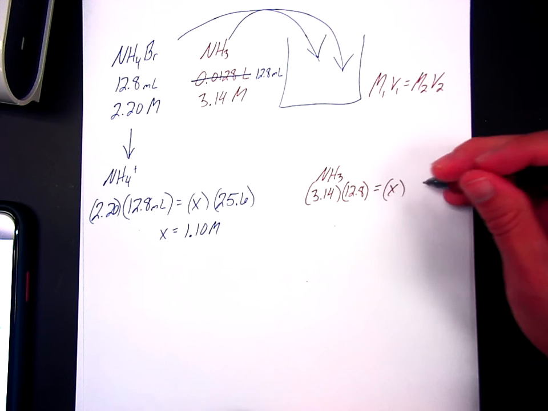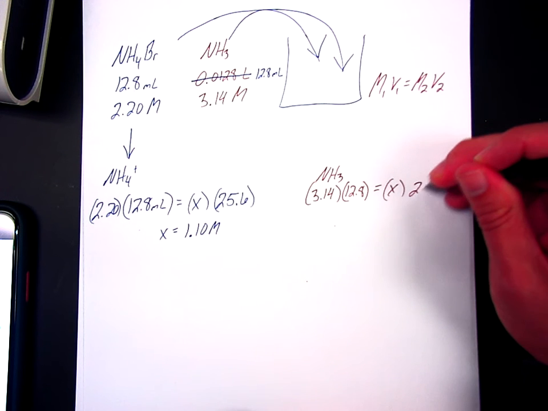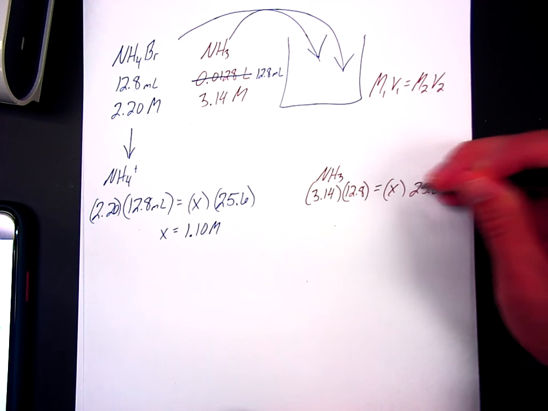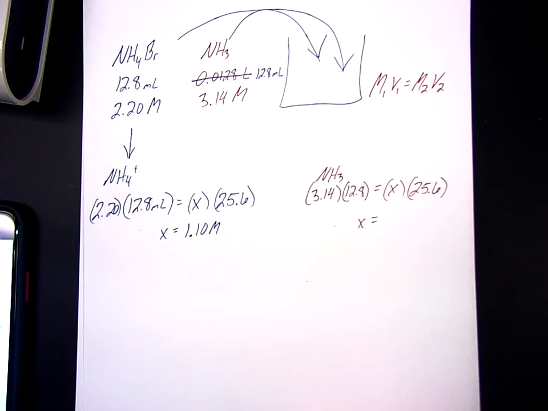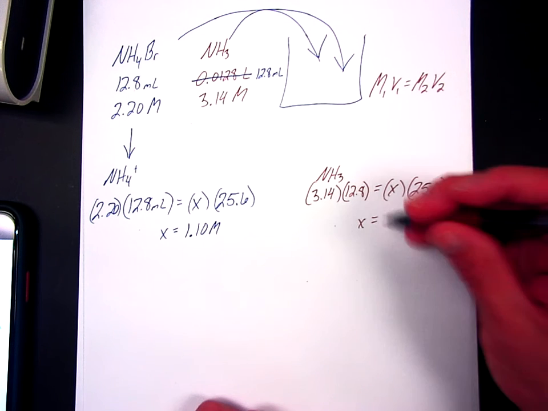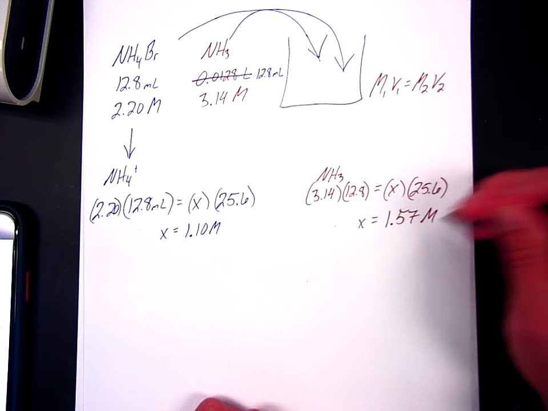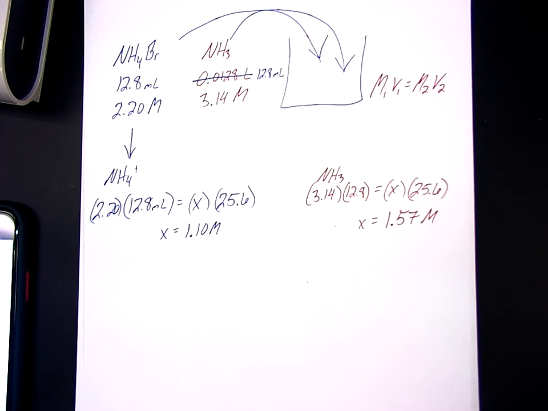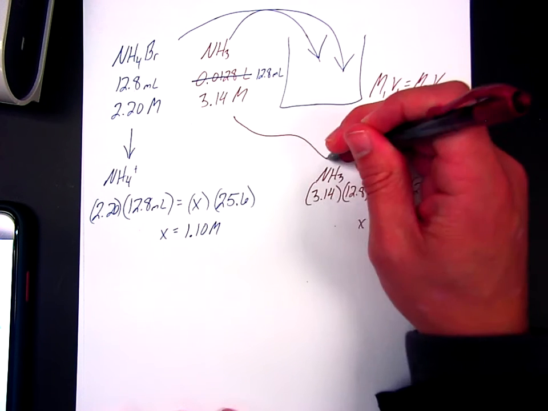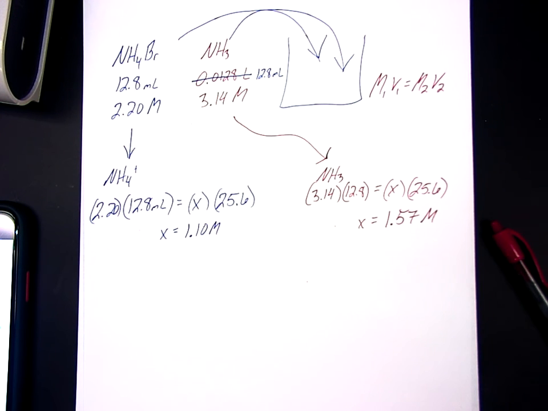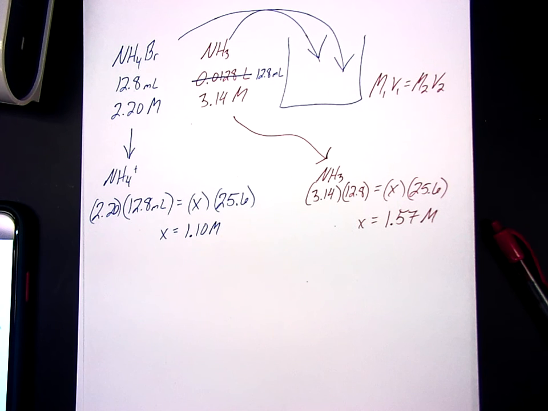And, of course, the final volume is 25.6 since we mix them together. Solve for X using your basic algebra skills, and you'll get a molarity here of 1.57 molar. So now I've got the molarities of each part of the problem, and we can plug and chug into Henderson.